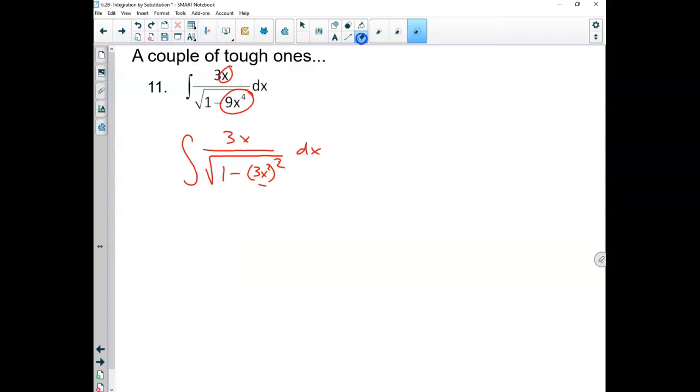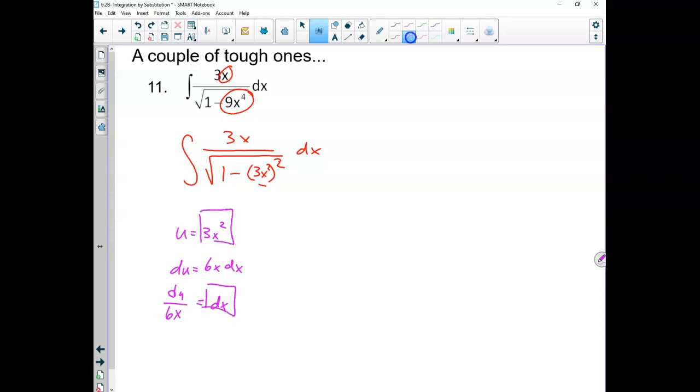Okay, so we're going to come back, and I'm going to let u equal 3x squared. So du equals 6x dx. So my dx is going to be replaced with a du over 6x. Okay, I can do that. I'm replacing that, and I'm replacing that only. So this is going to give me my integral of my 3x stays in the top.